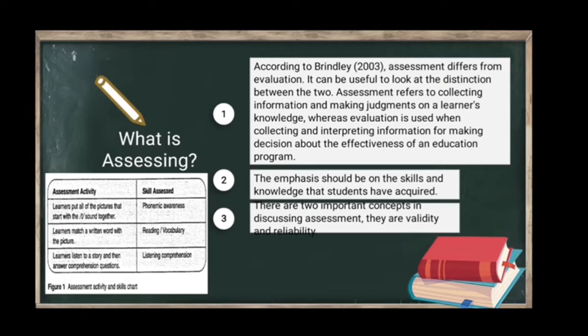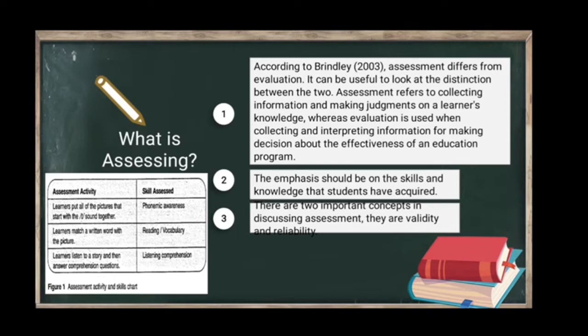For instance, learners put all of the pictures that start with the T sound together. It means the skill that will be assessed is phonemic awareness. And the second, learners match a written word with the picture. The skill that will be assessed is reading, or it can also be vocabulary.